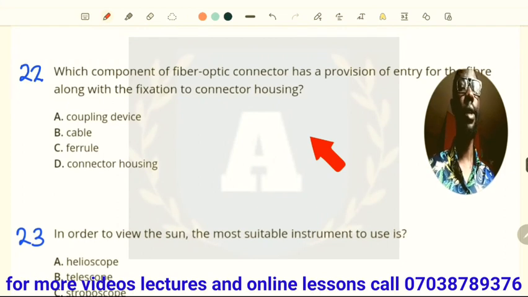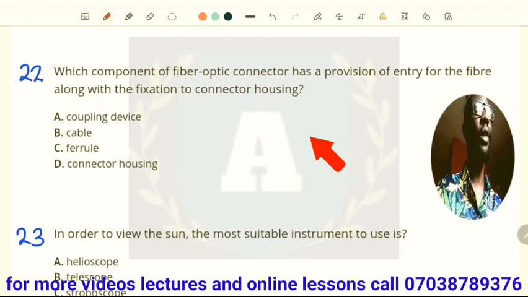The next question says, which component of an optic fiber connector has the provision of entry for the fiber along with the fixation to the connector housing? So that is a coupling device.